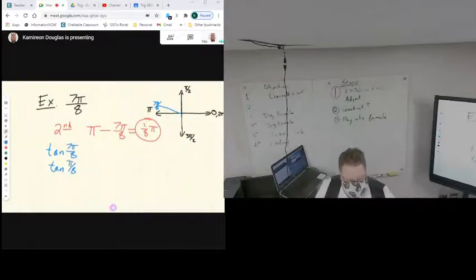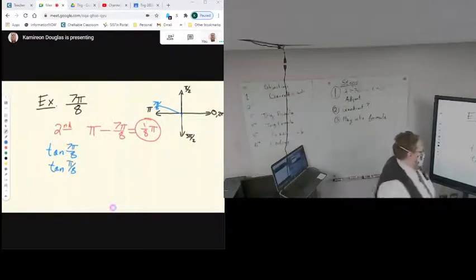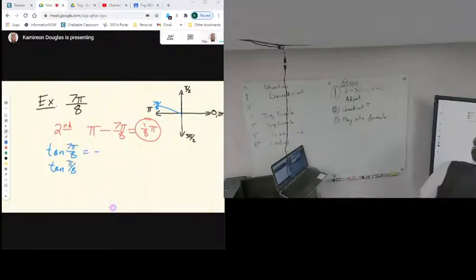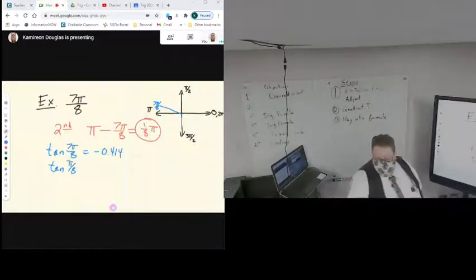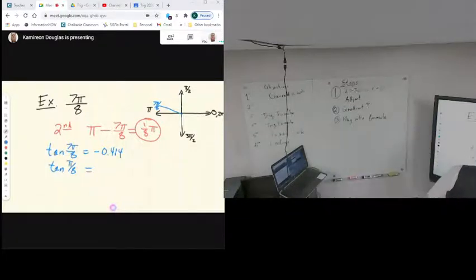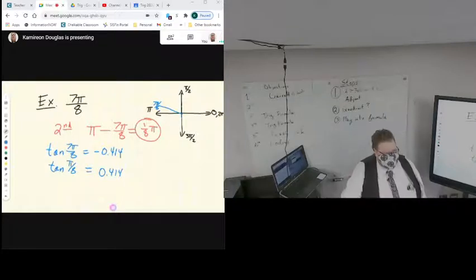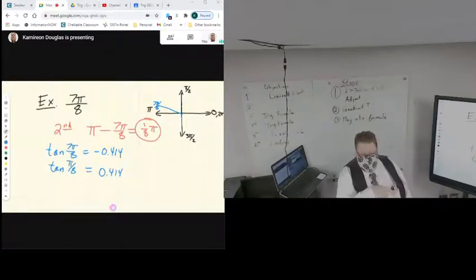Otherwise, this won't work. Negative 0.414. I just got 0.414. There we go. Simple.